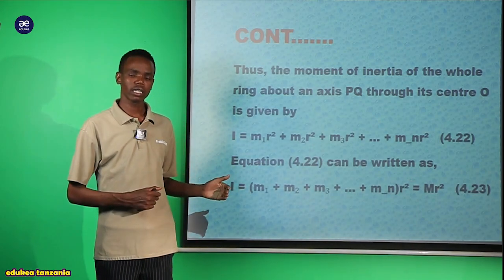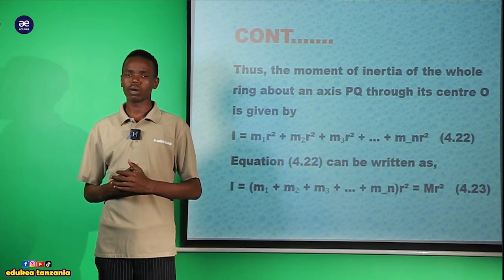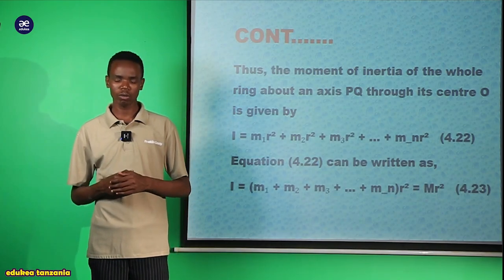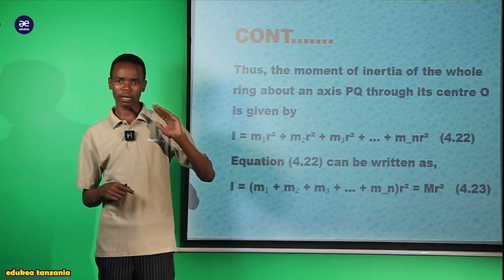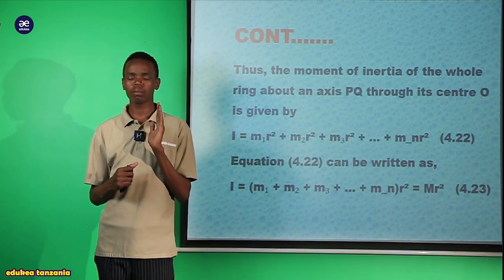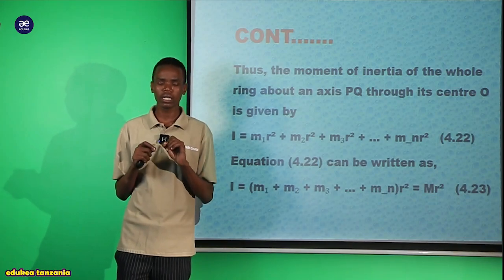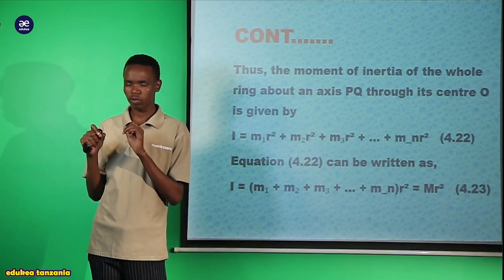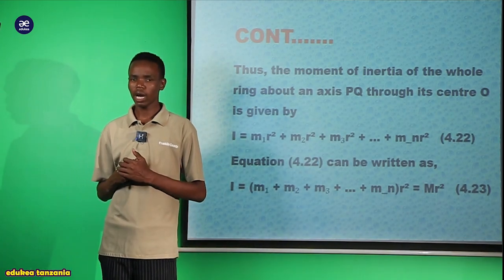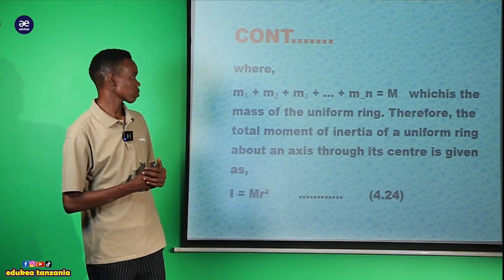So this should be equation number 23 on our topic number 4, and we conclude by saying that for the ring, the moment of inertia must be equal to m r square, but m represents the total mass of the ring, while r represents the radius of the ring.